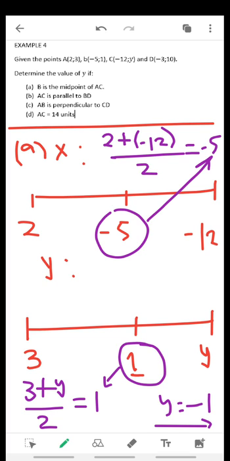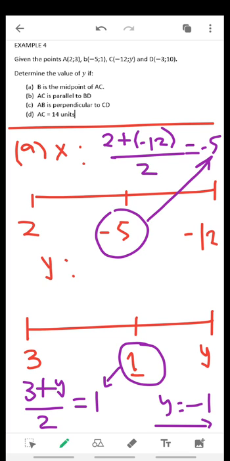From the coordinates of B. So 3 plus y over 2 is equal to 1, and therefore finding y by cross multiplying, 2 times 1 is 2, equal to 3 plus y, transpose 3, we are getting y is equal to minus 1.